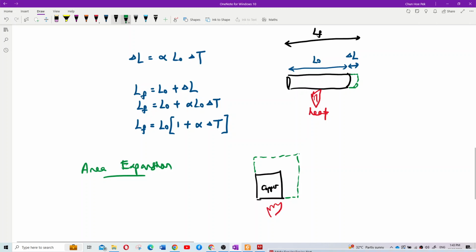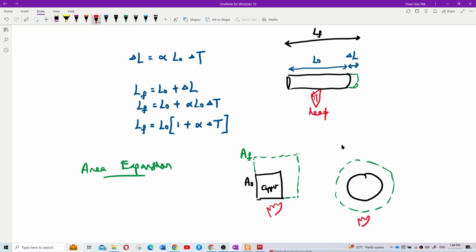So this is the original area, and after heating up you get a final area that is bigger. Or maybe originally it's just a circle, and after heating up it becomes bigger.